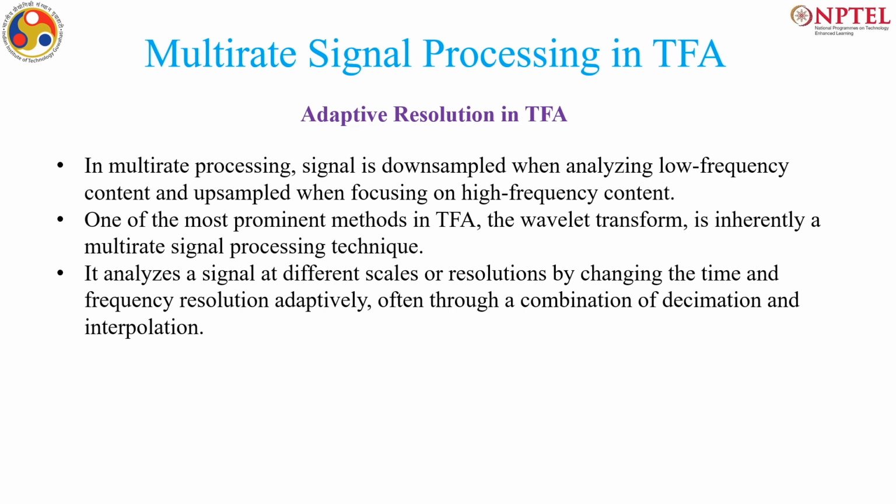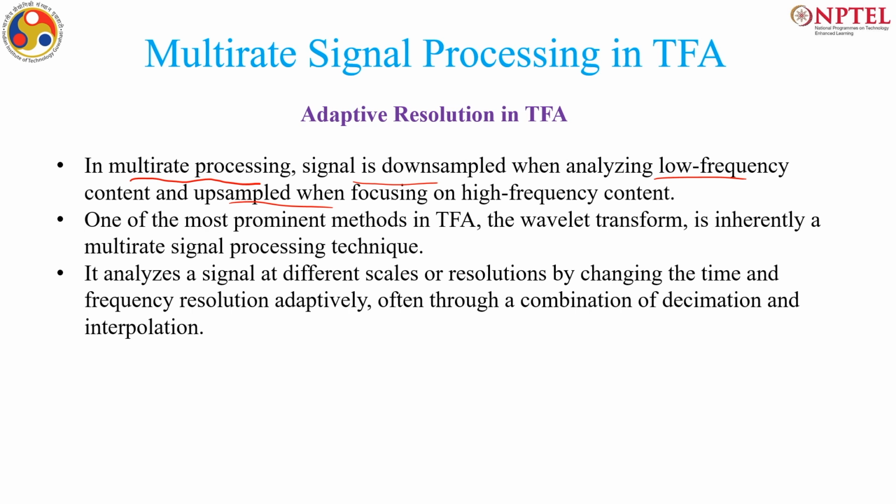So, to start with these challenges, one of the basic approaches is to use adaptive resolution. And what is adaptive resolution? It is like seeing the signal at different rates, and that is the concept of multi-rate signal processing. Here the signal can be downsampled for analyzing low frequencies and upsampled when focusing on high frequencies.